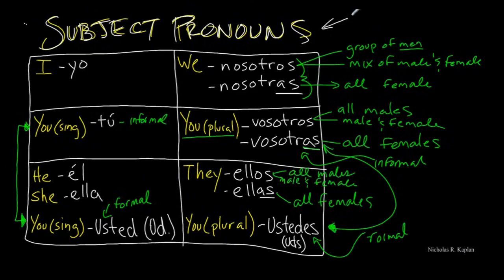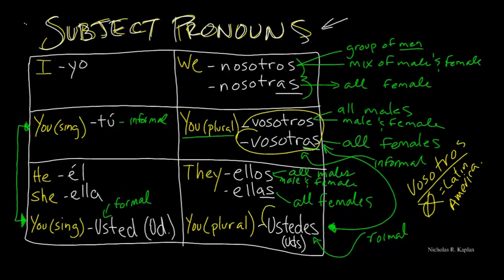And the only thing that we need to know in particular about the vosotros form, we don't use it in Latin America. So in Spain, we have both the vosotros and the ustedes.